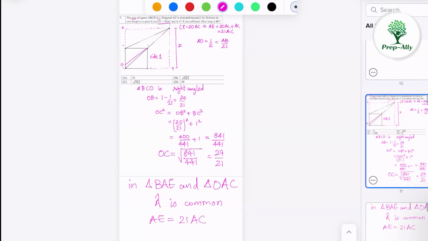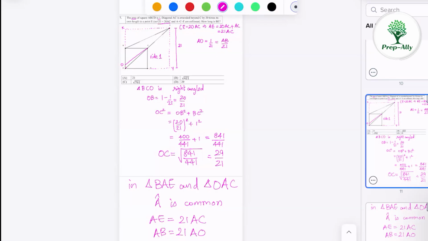So this is 21 times this. And we also have AB equal to 21 AO, because that's how we've chosen AO, right? So AB is 21 times AO.